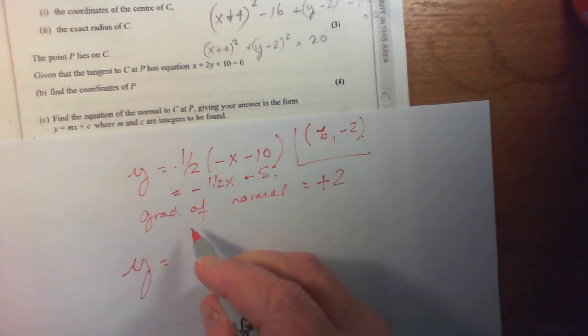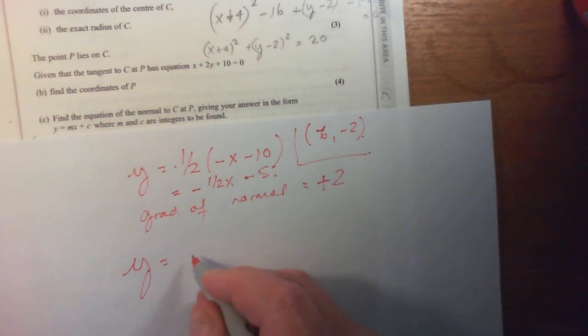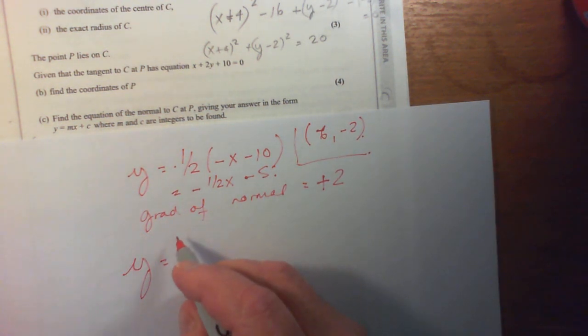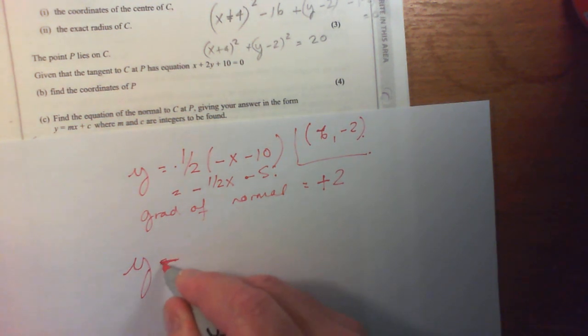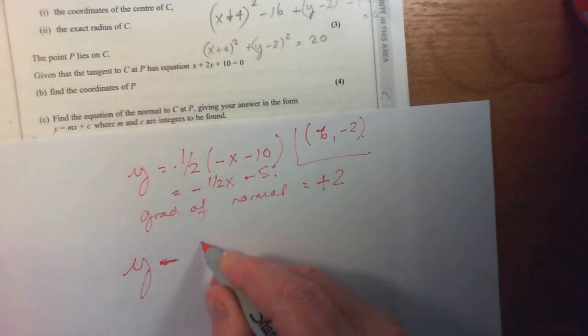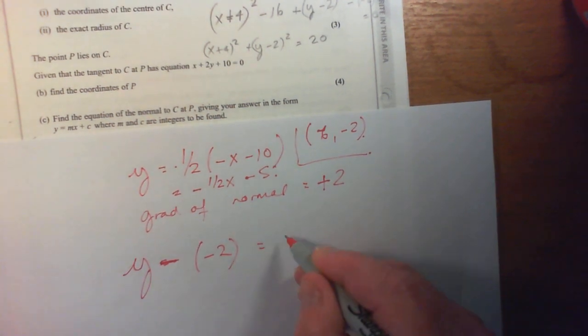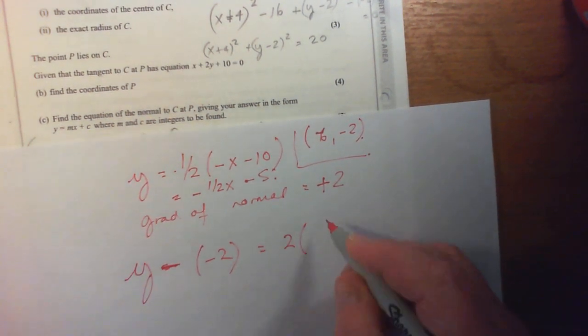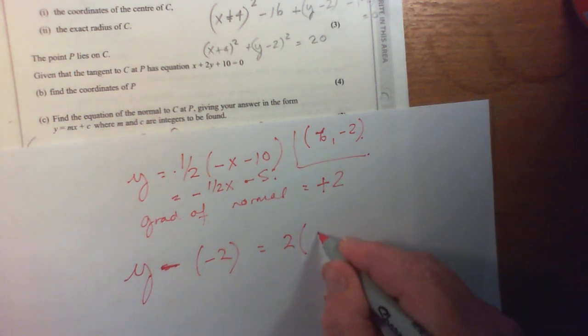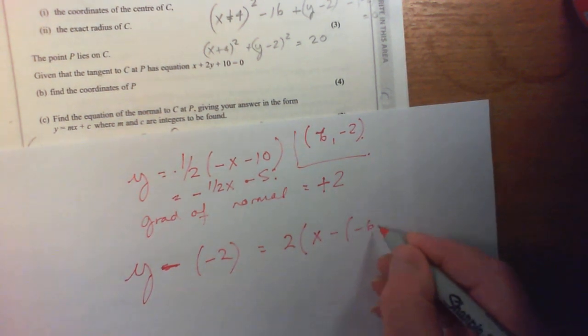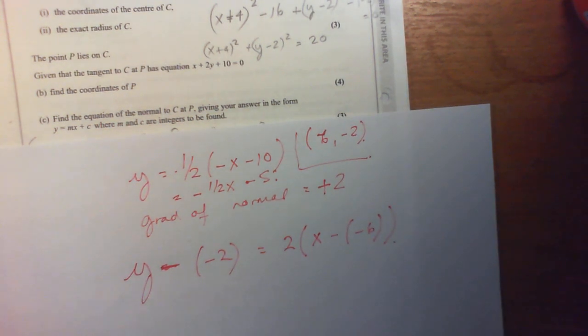So I would find the equation of the normal by just saying y minus 2 equals 2, that's the gradient, x minus 6, and go from there. To me, that's the most transparent and most logical way of going about it.